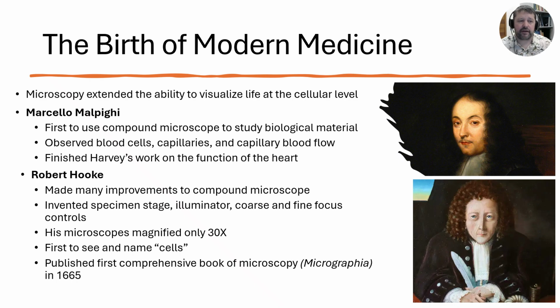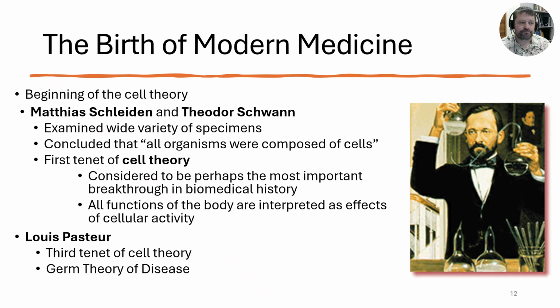He designed and made improvements to the very first compound microscopes so that Malpighi could examine blood cells and capillary beds, etc. His work was important for paving the way for that modern look at what's actually flowing through the veins, what's moving in the cardiovascular system.